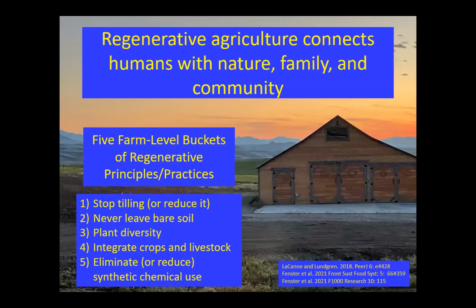And then we're not going to solve a lot of these planetary scale problems unless we start integrating livestock back into our food system and managing it appropriately. And what we found is that as farmers have adopted these systems, they don't need to use a lot of the synthetic chemistries that used to support the productivity of their farms. And so eliminating synthetic chemical use tends to be one of these principles.